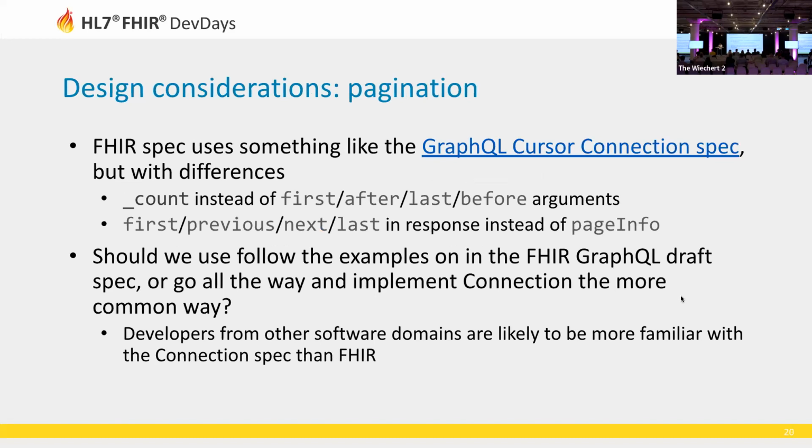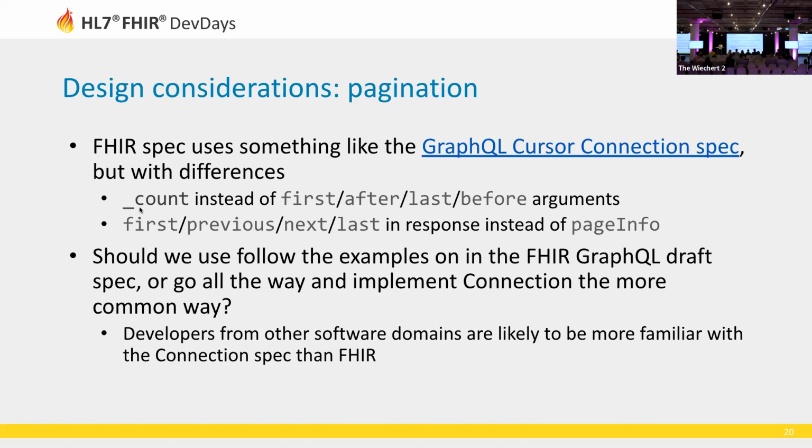On pagination, there are a number of different ways people will paginate, but the one that seems most common is the GraphQL cursor connection spec, which there's an actual spec for. It's very similar to the connection documentation in the FHIR spec, but there are some subtle differences.